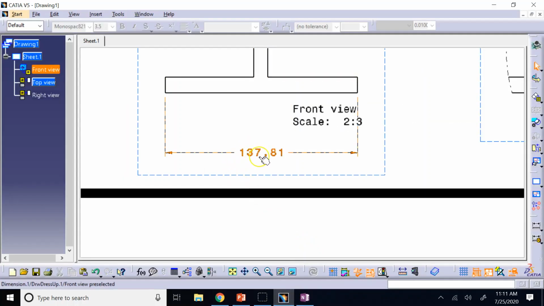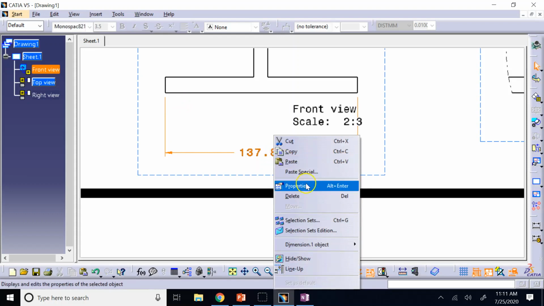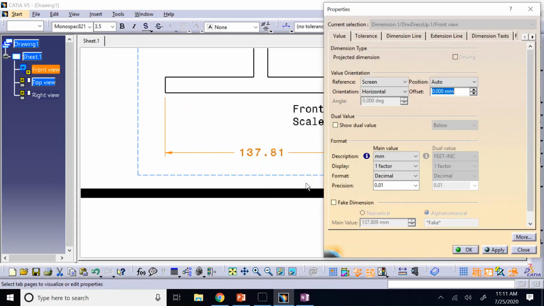So if this is 137.81, they can only have 0.01 minus or plus. So it should be either between what? 137.79 and 137.82. Okay, so this means this much to them. And by the way, I'm showing you how to add a tolerance.